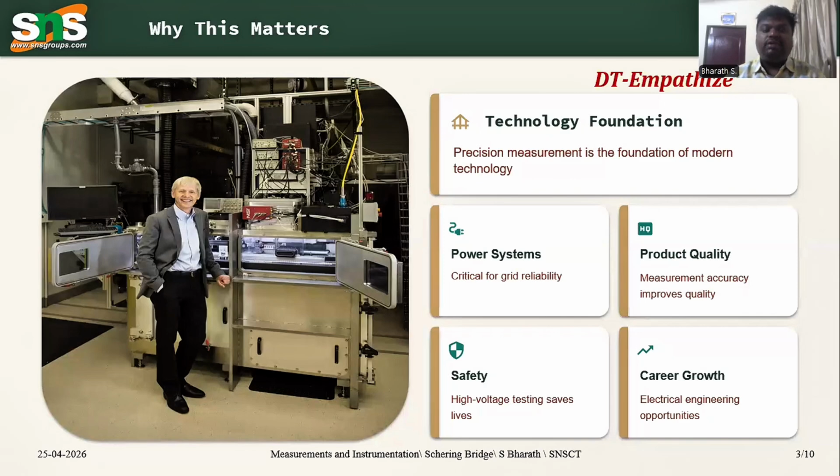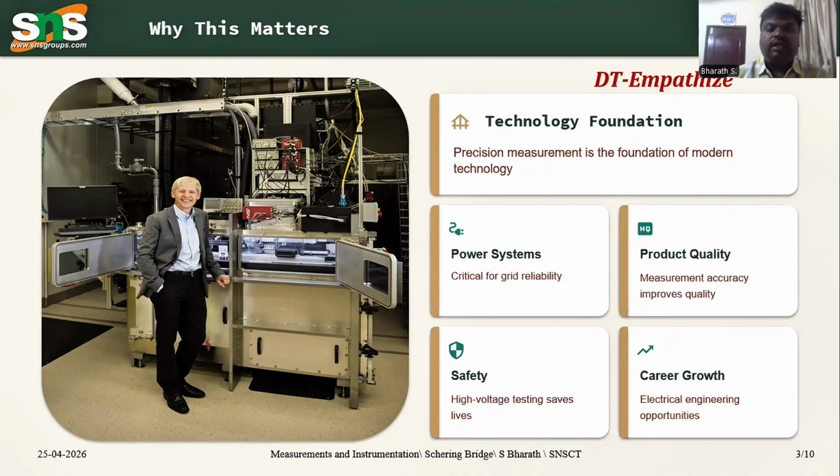Coming to understand the concept of empathy. Empathy is one of the stages in the design thinking process where we understand why we need this topic, why we need to understand the Schering bridge. Precision measurement is the foundation of any technology nowadays, how precisely we measure the data.